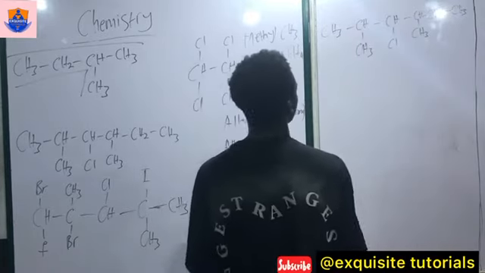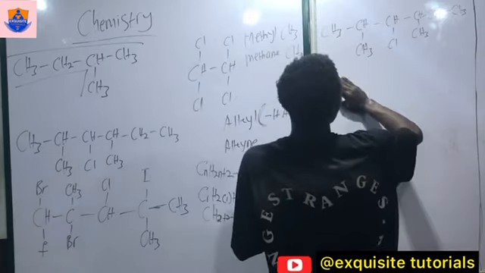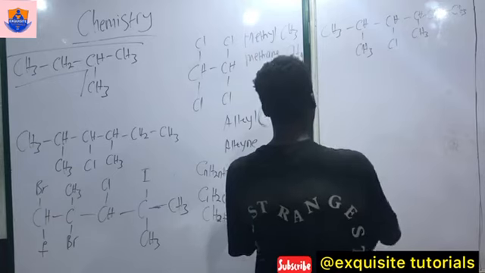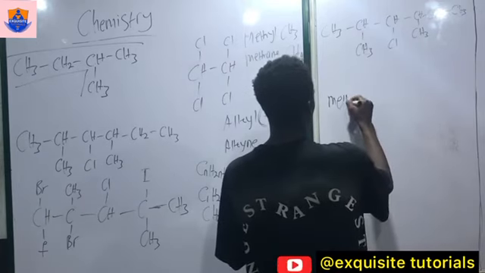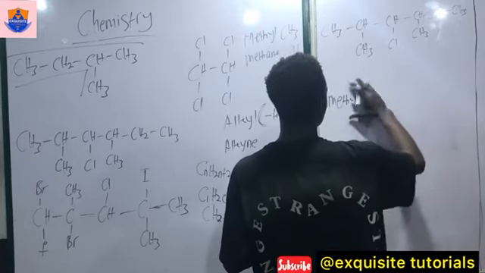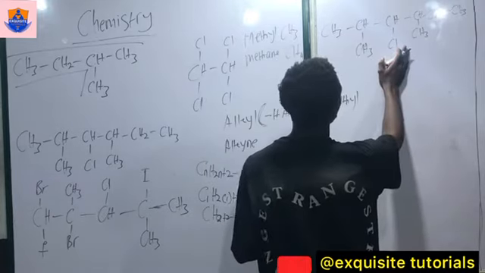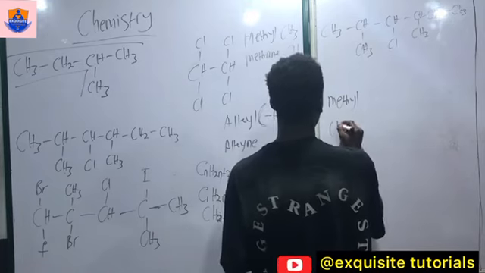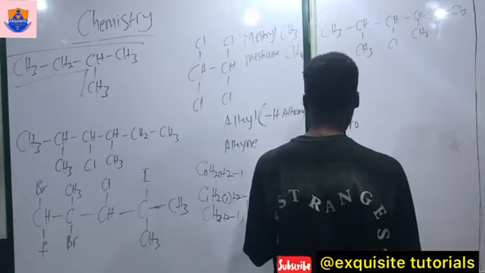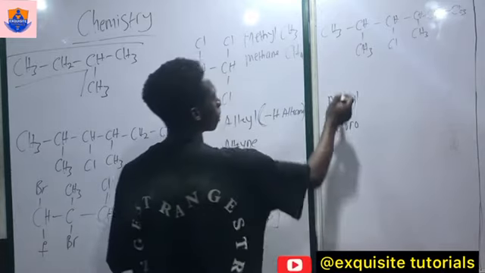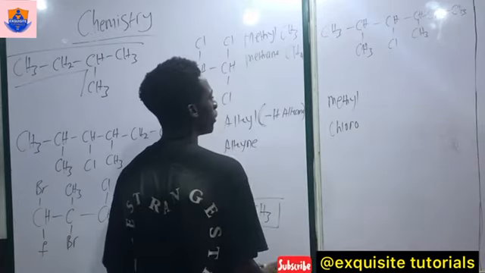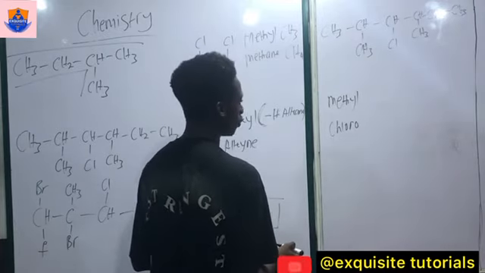Okay, so now we are naming it. We have a functional group here. We have a methyl, then another methyl, which is the same, and then we have chloro. What should we give preference to?